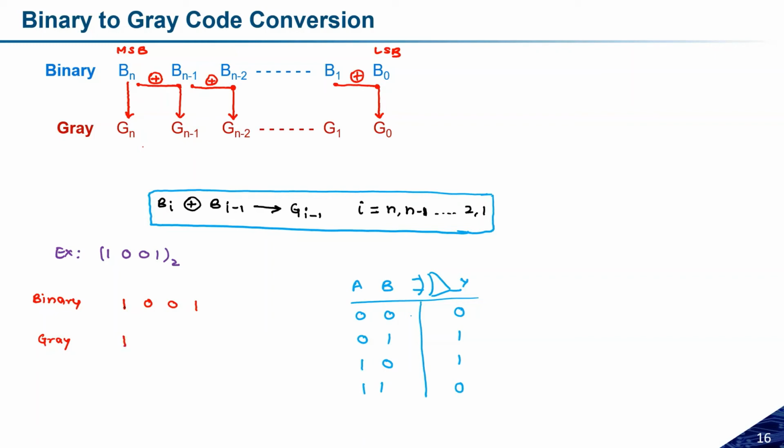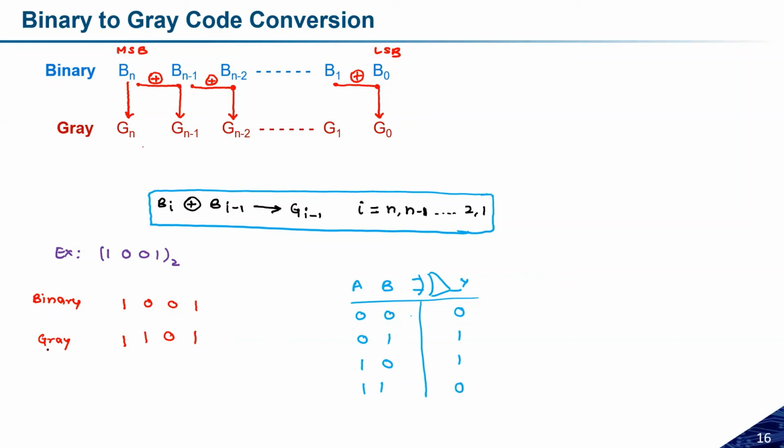Now I have to XOR this 1 and this 0. XORing 1 and 0 will give 1. Then I have to XOR 0 and 0, that will give 0. And then I have to XOR 0 and 1, that will give 1. So this is how the gray code looks.